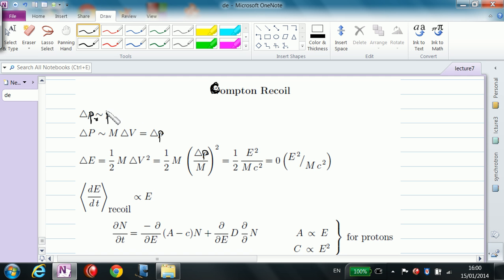So little p is the momentum of the photons, and let's assume they scatter by a large angle. So delta p is of order p.